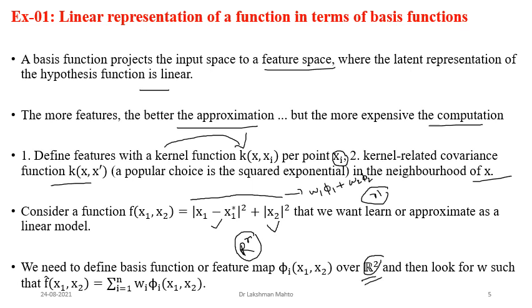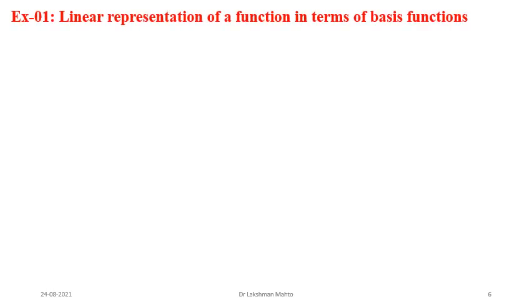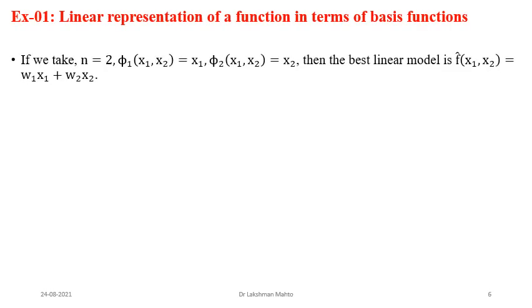Now we try to look for a linear representation of this one, and simply, it is not linear, it is a highly nonlinear structure. If you try to plot this function, it is a surface over a two-dimensional plane. Definitely the graph would be a surface, but can we get a linear representation? We will try to do that through some kind of basis. So here we are taking n equal to 2. The dimension of the feature space we are taking, intentionally, is 2.